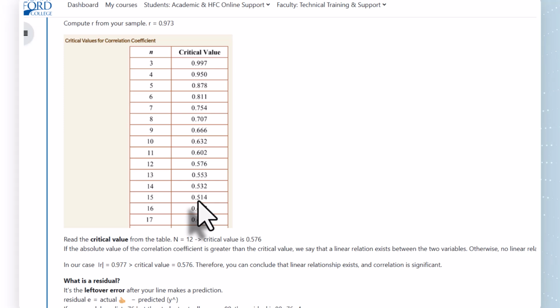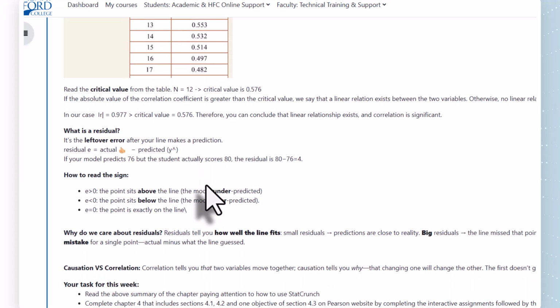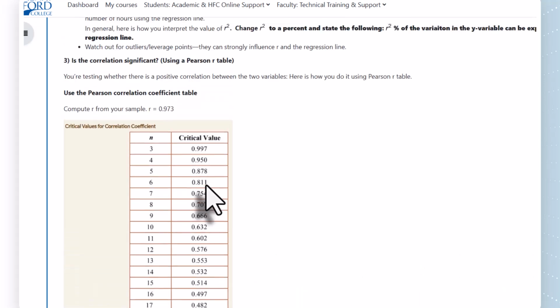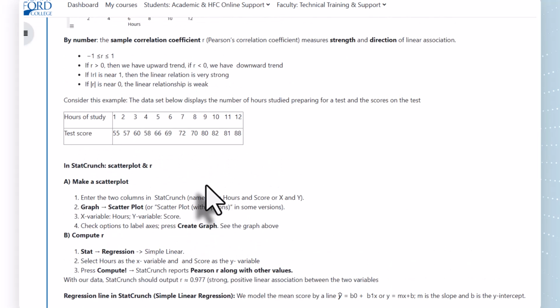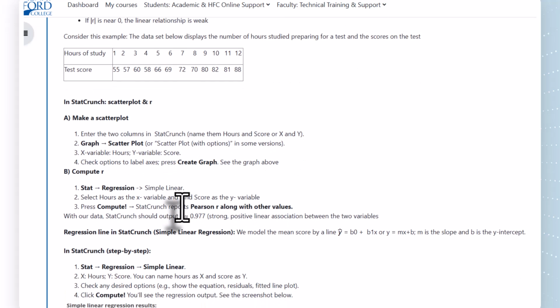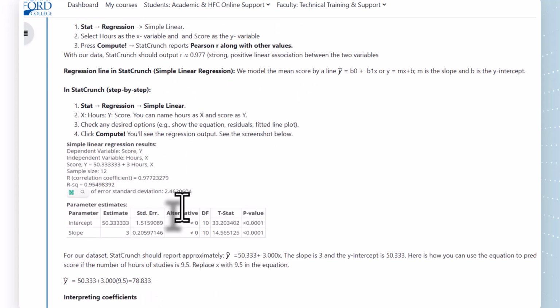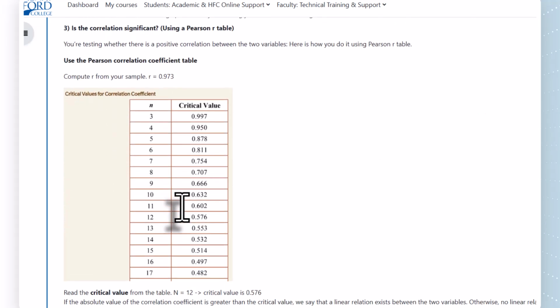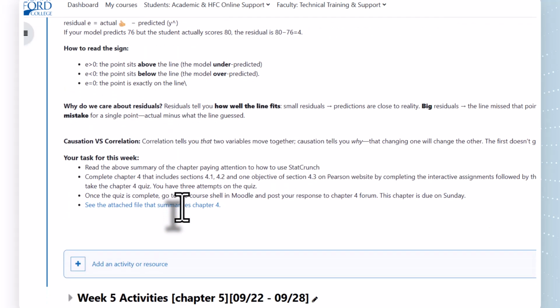The last thing I would like you to know about is a residual. What is a residual? The values that we put in StatCrunch are the actual values, the observed values. But when we plug in x equals 4 in the equation of the line and we get a y, this is called the predicted value. The difference between the observed values and the predicted values are called residuals.